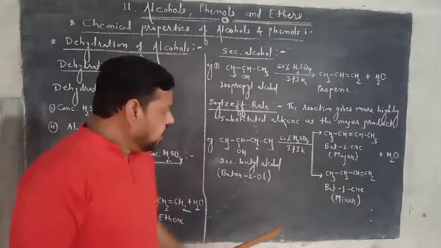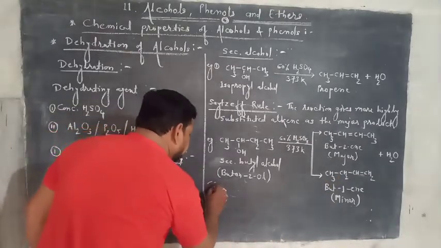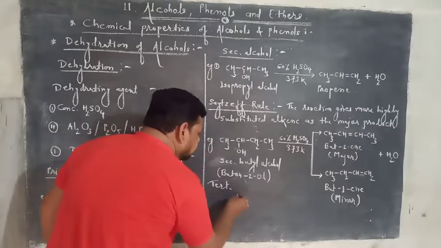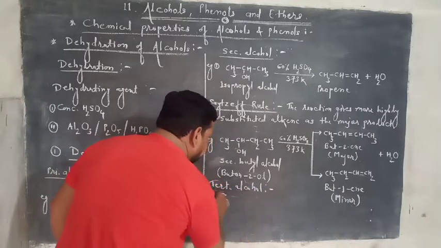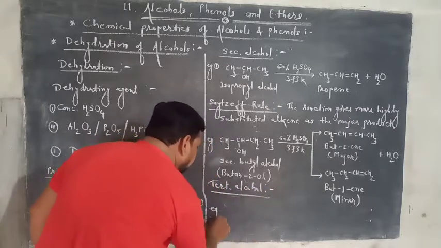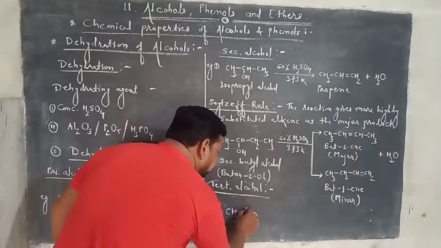Then the example of tertiary alcohol. For example, tertiary butyl alcohol.